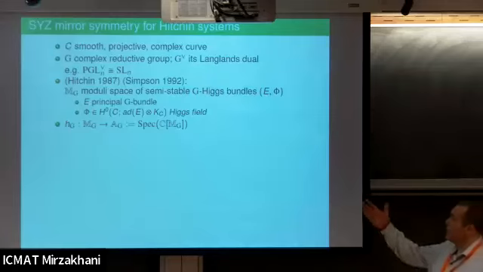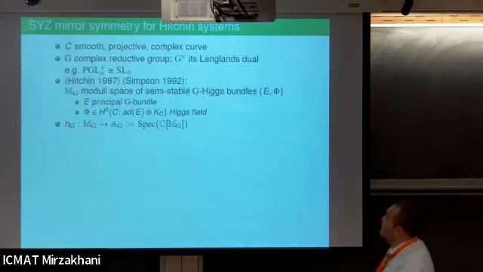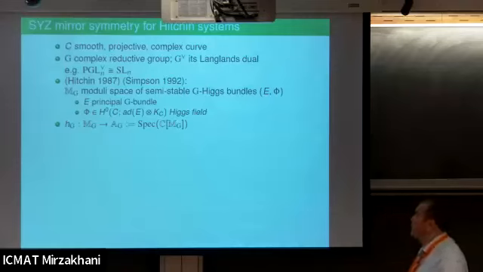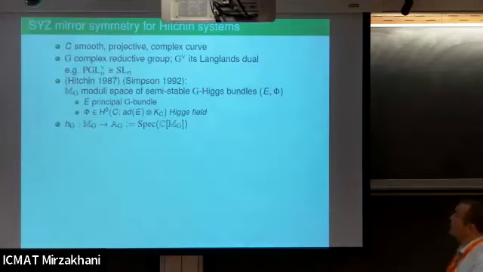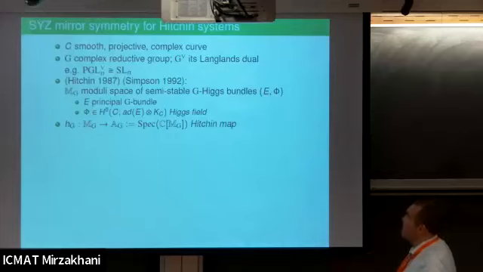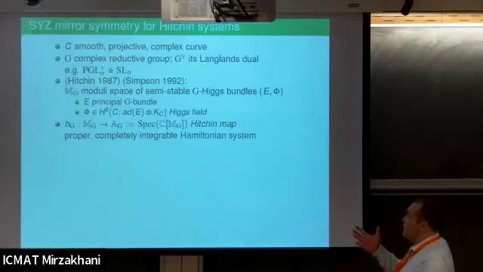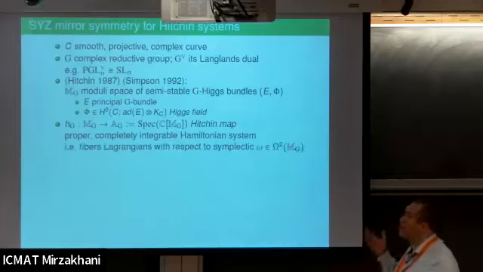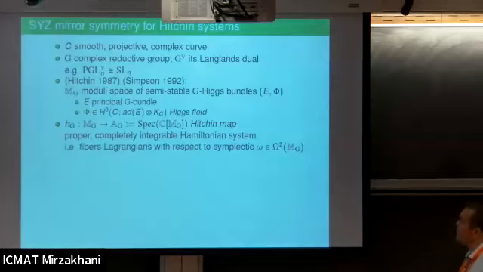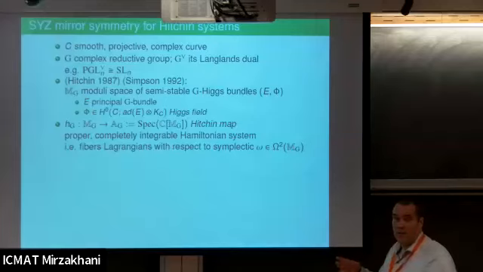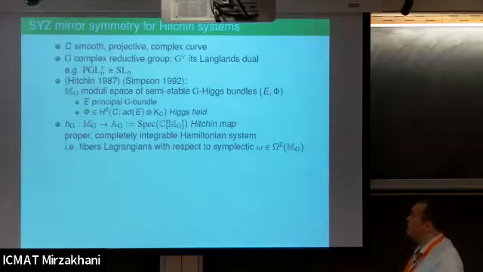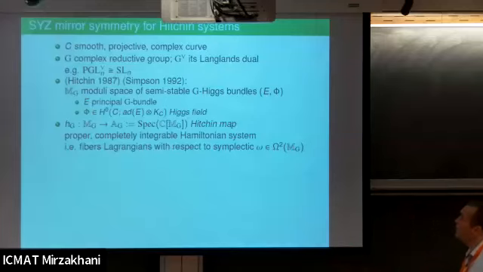And then you get the natural map to the spectrum of this finitely generated algebra, which turns out to be proper, and that's the Hitchin map. It's a proper and, amazingly, completely integrable Hamiltonian system. So there is a natural symplectic form on the moduli space, so that the fibers of the Hitchin map are Lagrangians.